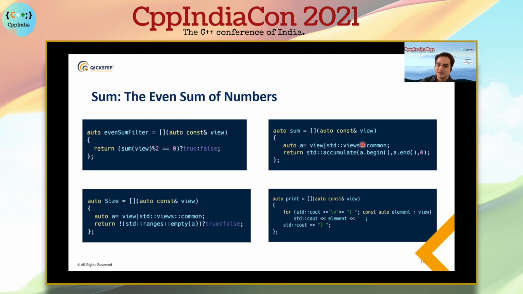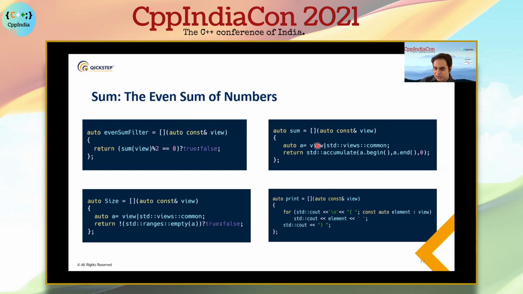Unfortunately with C++20 ranges, not all algorithms support passing only a range. One of them is std accumulate. That is the reason we need to convert our view into a range.